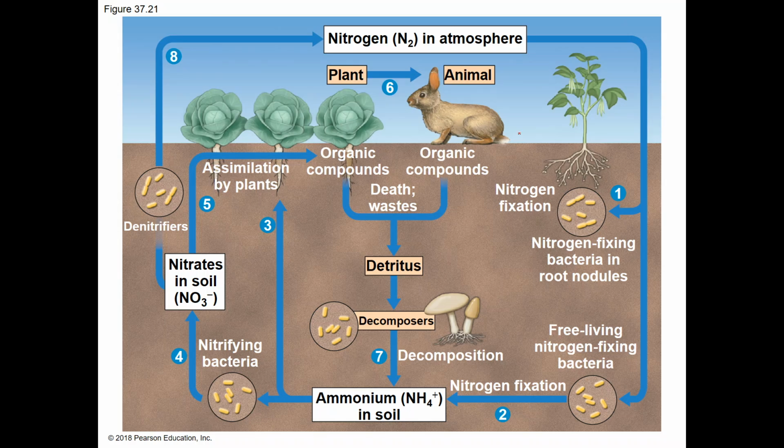So the farmers will plant beans one year, which will help the soils to become rich in nitrogen, and then the next year plant corn, and that nitrogen will be available to the corn.